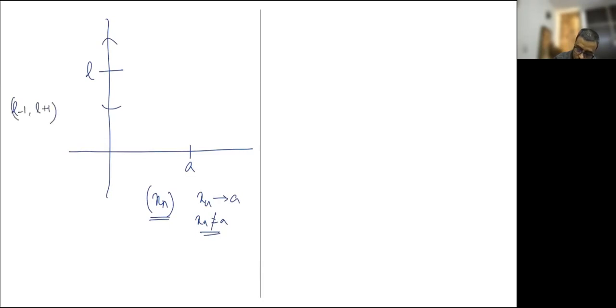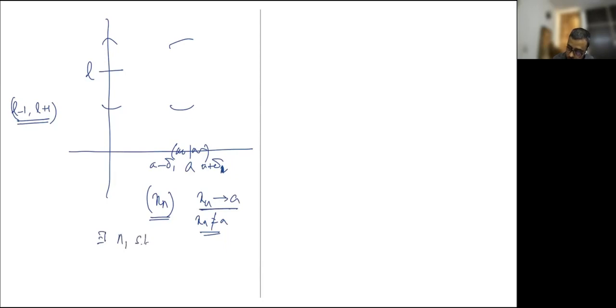So you are looking at this interval around L. There would exist a delta 1 such that whenever you are here, your values are here.